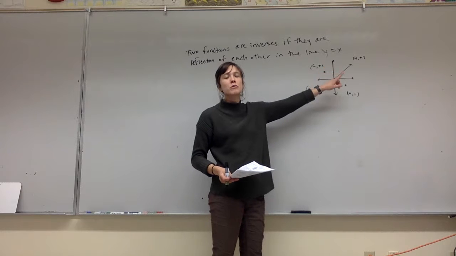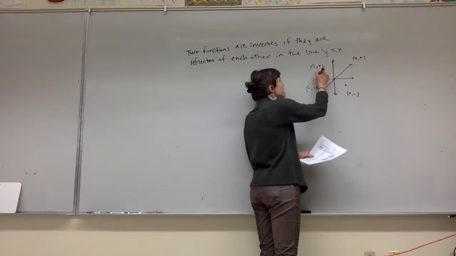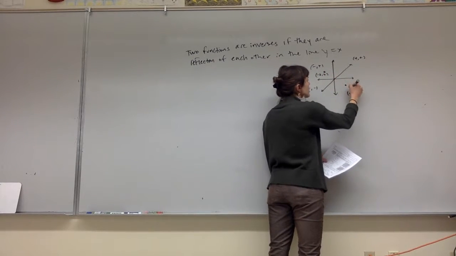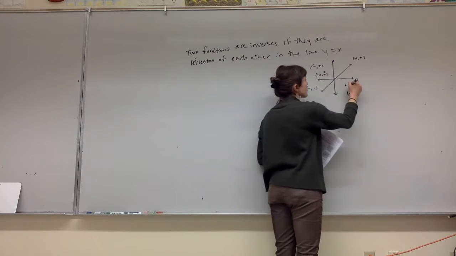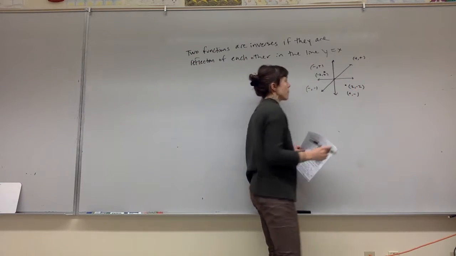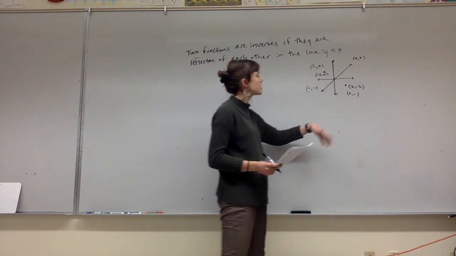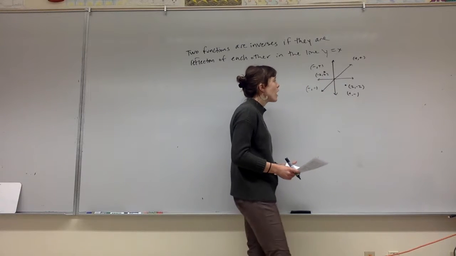So my reflection should be the opposite value. So if I have a point here of negative 2, 2, and I had a reflection over it, it would be the inverse, at the point 2, negative 2. So I'm using this y equals x line to really split up my Cartesian coordinates, my different quadrants.